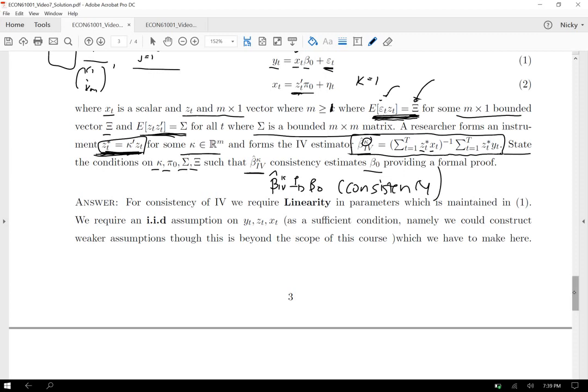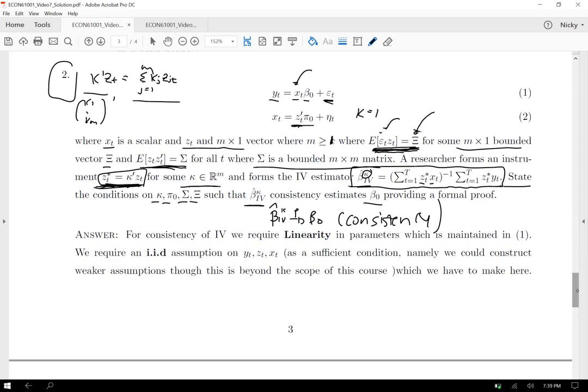Okay. Well, this question didn't say that the variables are IID and so on, so you'd be expected to just make the assumptions. Firstly, then, we know that for consistency, we need linearity in the parameters, which is given by 1. So we have linearity given by 1. So this is two-stage least squares 1.